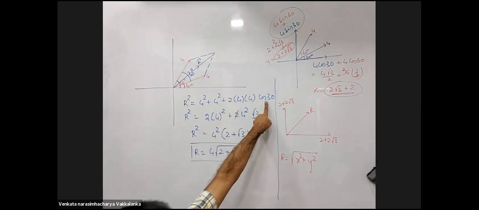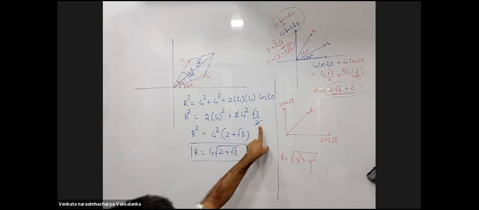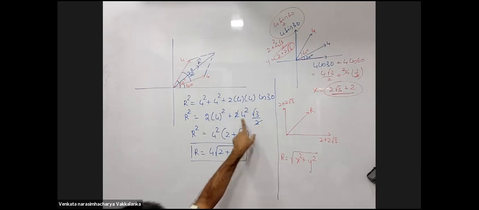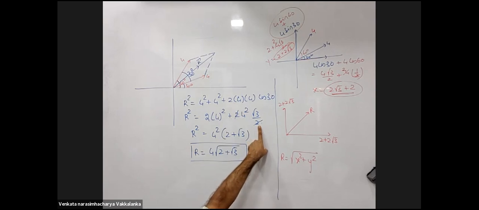Now cos theta, cos 30, is how much? Cos 30 का value. Root 3 by 2. The 2 and 2 got cancelled, this 2 and this 2. Okay, sir.